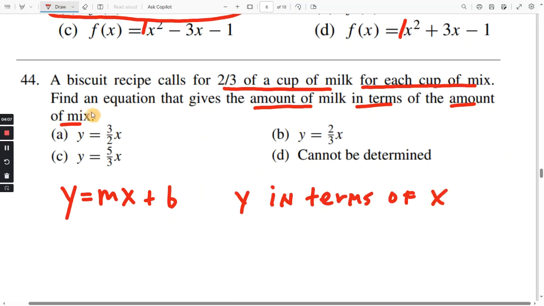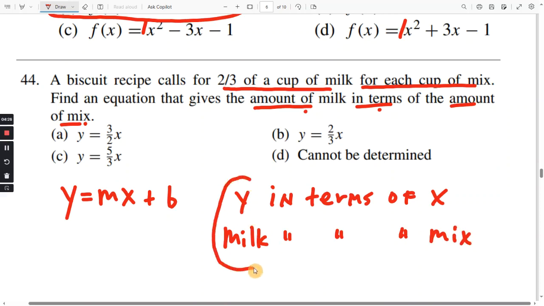So they're saying the equation should give the milk in terms of mix. So y is going to be the amount of milk, and x is going to be the amount of mix.